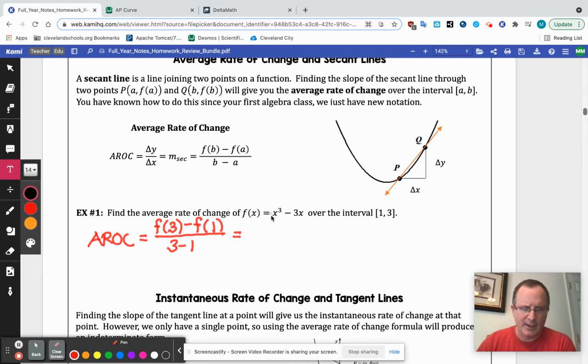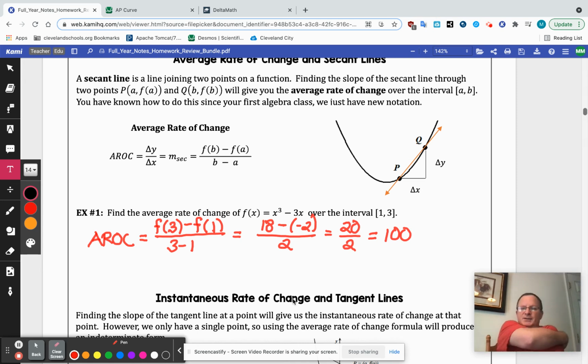So f(3) would be what? 27 minus 9. And then f(1) would be 1 minus 3. And then that would be divided by 2. And so we have 18 minus negative 2, which is just 20. And then 20 over 2 is 10. Very nice. So that would be the slope.